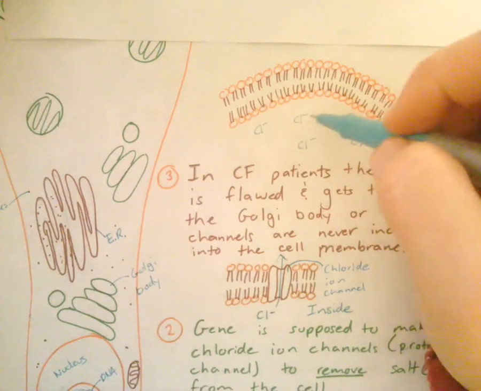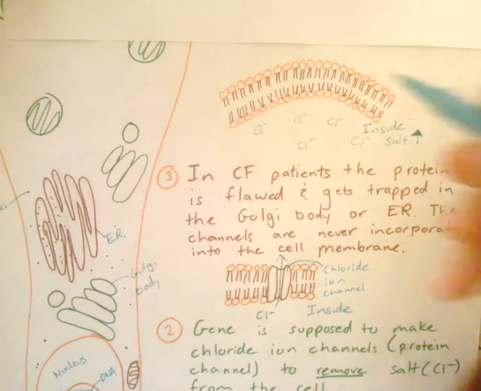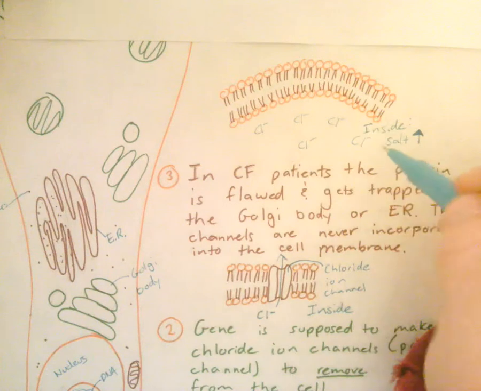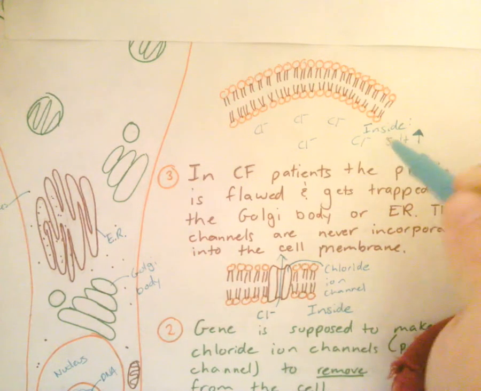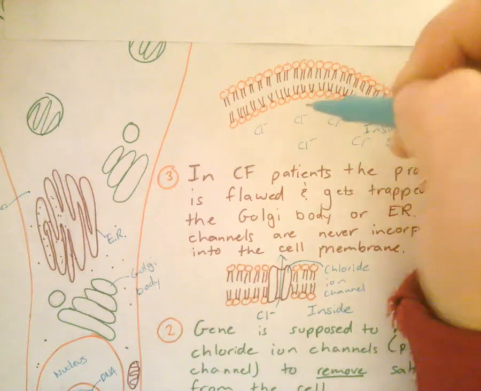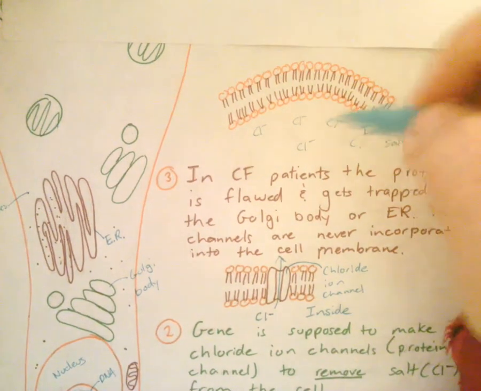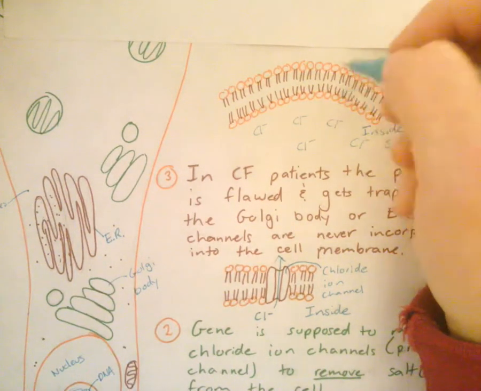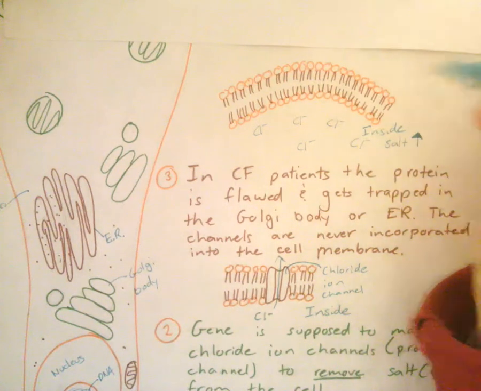So our chloride ion is going to get built up in the interior of the cell. So here I'm just showing that inside the cell, so this is supposed to be the inside, we have this increase in salt. So it's getting really, really salty in there. And there's no way for the salt to leave, because the salt is charged, and charged particles cannot cross through that phospholipid bilayer directly.